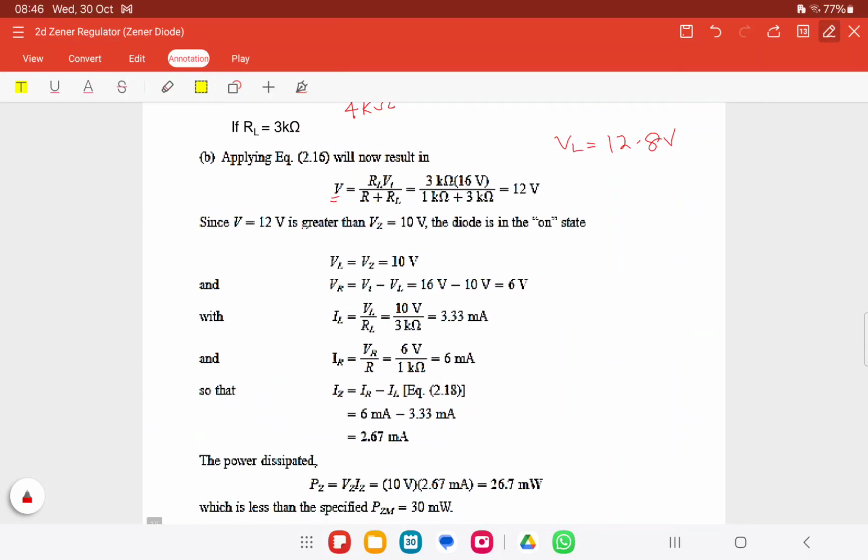Okay, yang ni saya nak tukar lah. Saya nak pakai VZ dia adalah 12. So kalau 12 still greater than the VZ kan. Okay, so we change this one to 12.